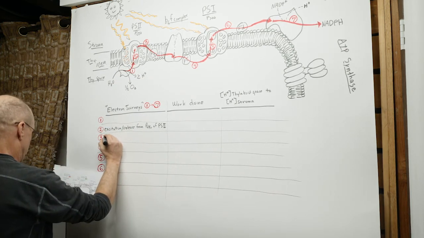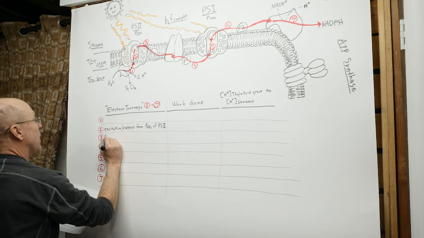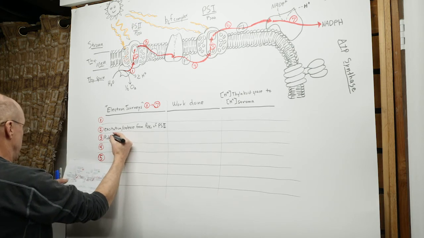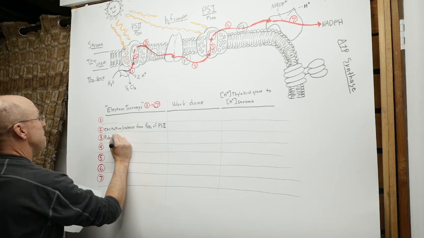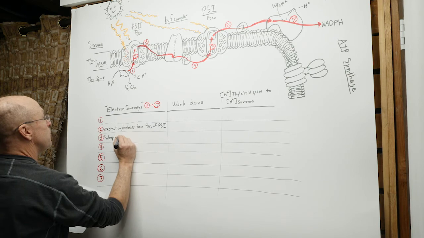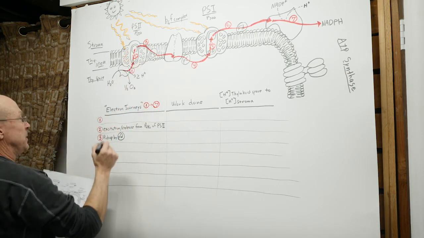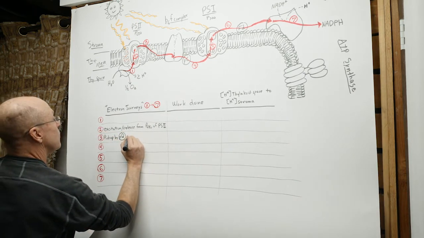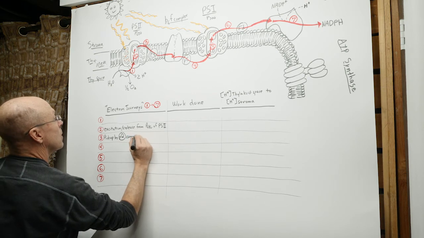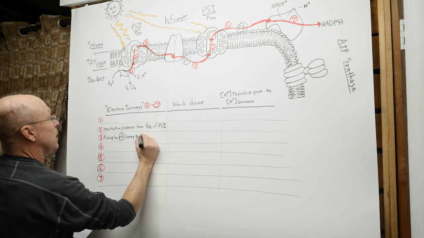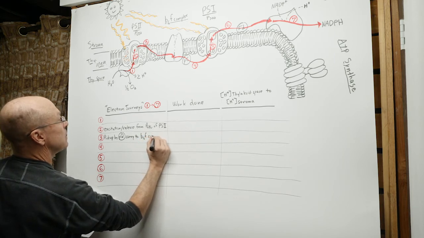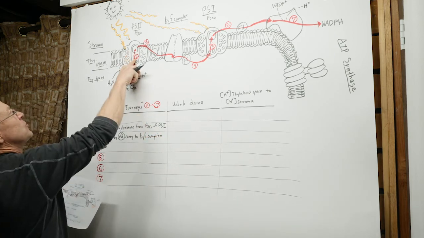Continuing on for number 3, we have pickup by PQ. I just screwed that up, but that's okay. PQ and carry to the B6F complex. So that's what this one is.